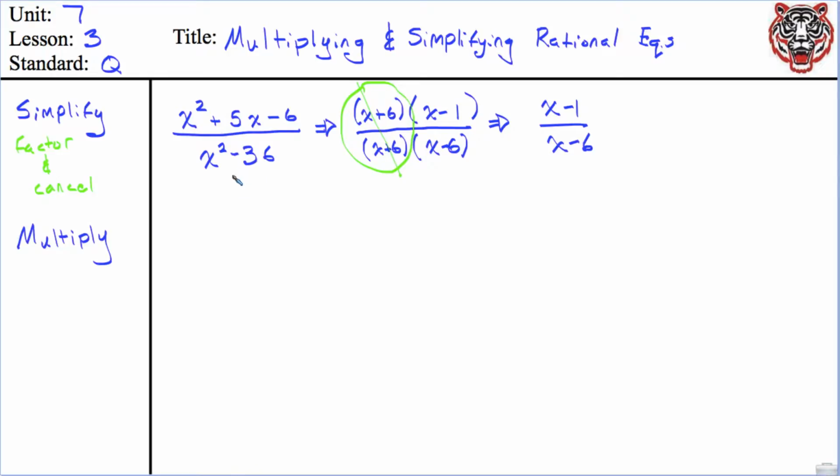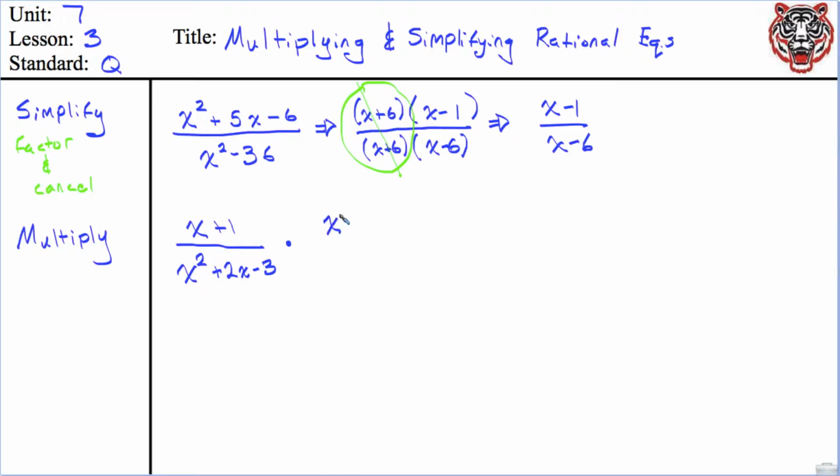So let's try this one. X plus 1, it's going to be a bunch of polynomials here. Let's do x squared plus 2x minus 3, and we're going to multiply that by another rational function.